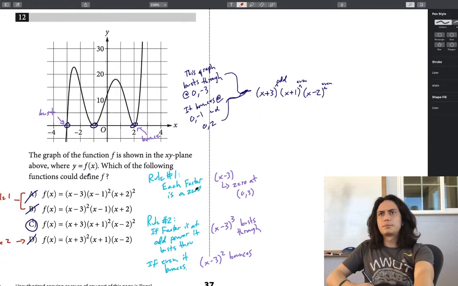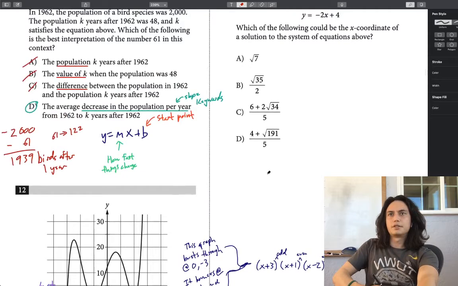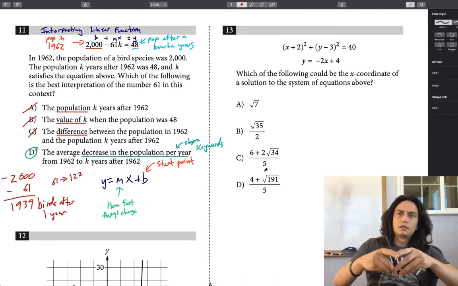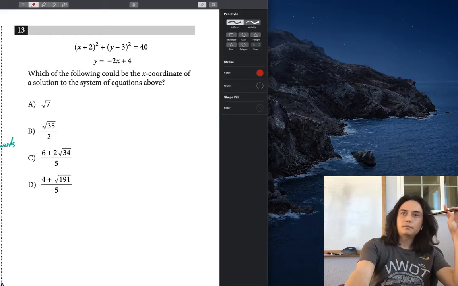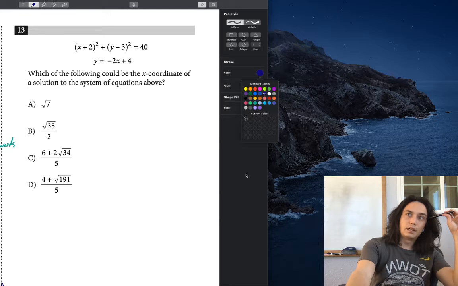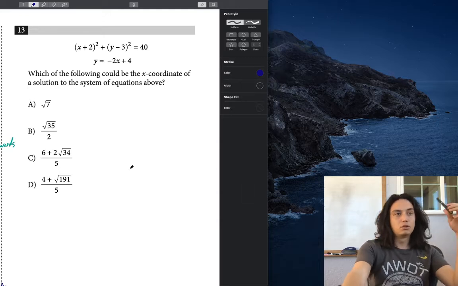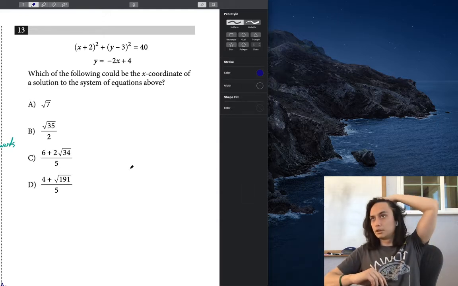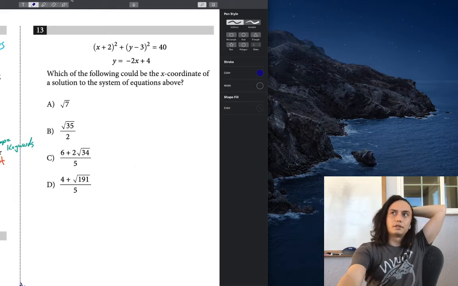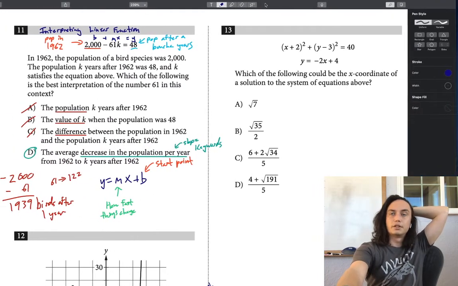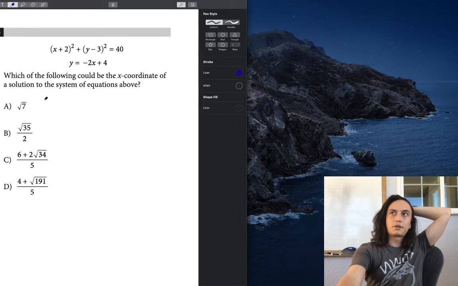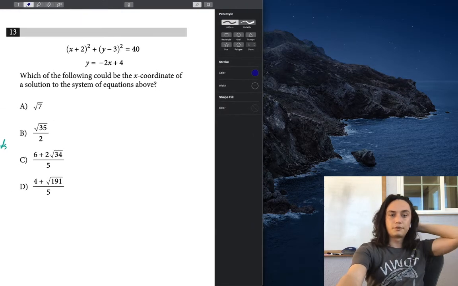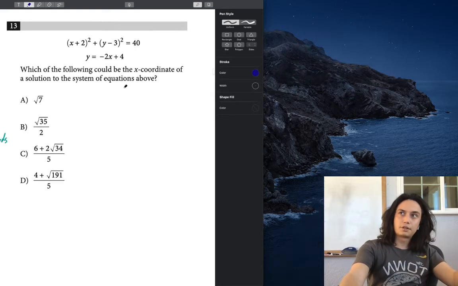Okay, now let's see if I can dodge this. Question 13, it's getting real. Here I will say that unless you are routinely scoring really high on the test, and this was true starting at 11, you should be thinking to yourself that questions 11 through 15 are some of the hardest questions on the test.